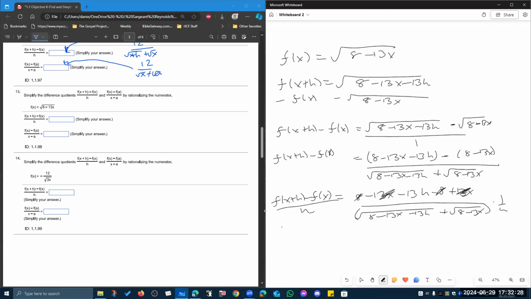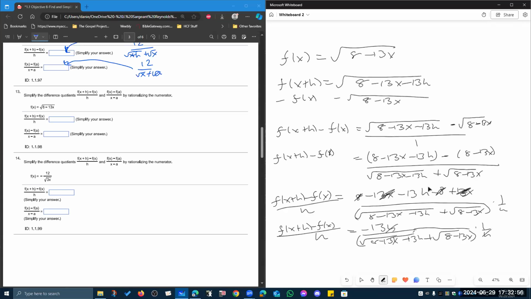We're going to have f of x plus h minus f of x divided by h is equal to negative 13h over root 8 minus 13x minus 13h plus root 8 minus 13x times 1 over h.